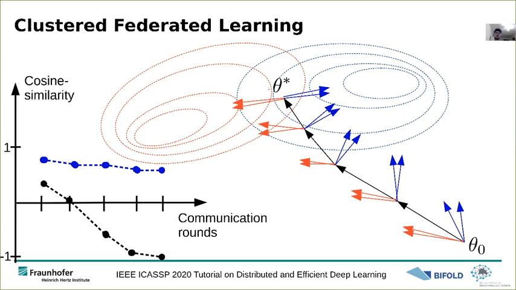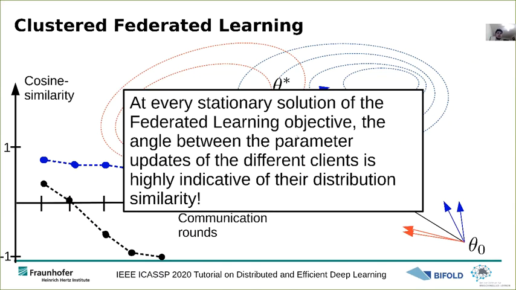So we end up with the stationary solution theta star, and there the gradients point in exactly opposite directions. Phrased again, at every stationary solution of the federated learning objective, the angle between the parameter updates of different clients is highly indicative of their distribution similarity.